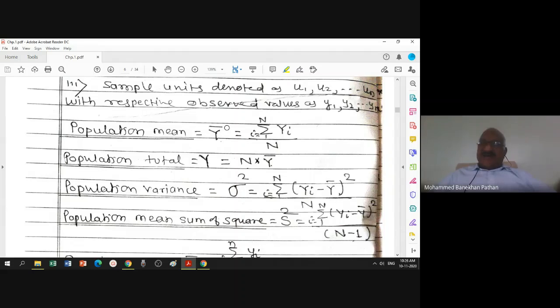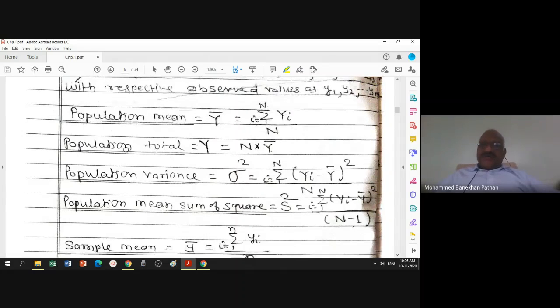In this example, the characteristic is income, so this is the average income of Pune city. What is the population total? That is denoted simply by Y, and the answer is obtained by the number of units in the population multiplied by the average of the population. This gives you the total income of Pune city.